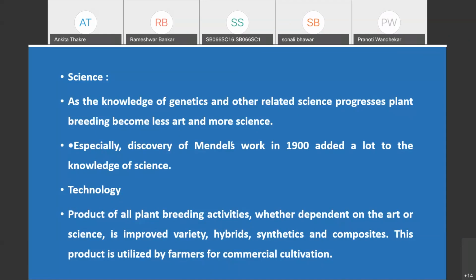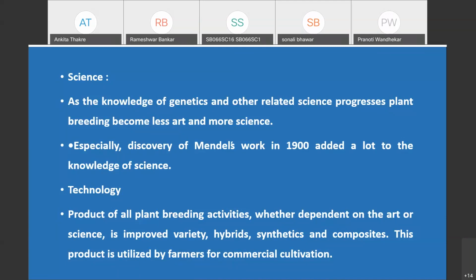These laws give the scientific basis for the improvement of the crop, and on account of the scientific nature of plant breeding, there have been tremendous achievements in crop improvement within the short period of the 20th century.